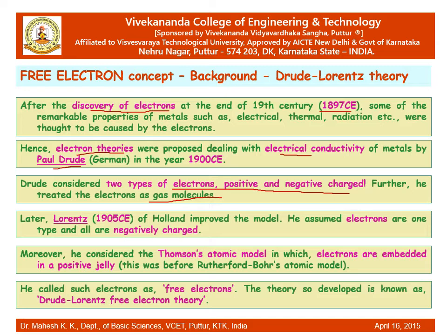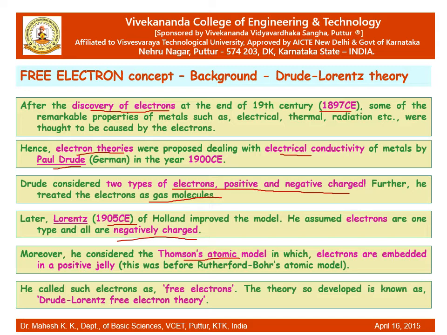Later, after 5 years, Lorentz came forward to say that no, electrons cannot be positive, and could only be negatively charged. Moreover, Lorentz considered the Thomson atomic model, in which electrons are embedded in a positive jelly, which is of course before the Rutherford-Bohr atomic models.